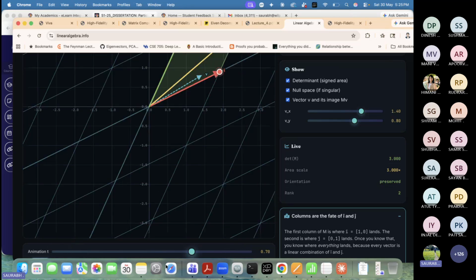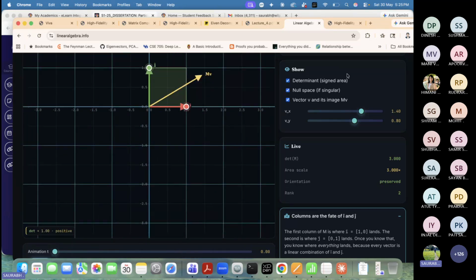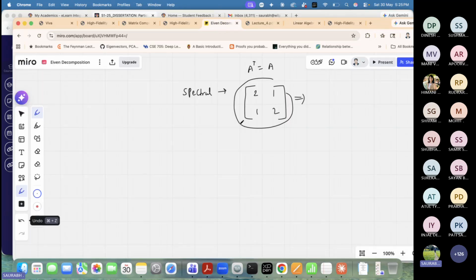But when I said these types of matrices have superpowers, it is because when you have a symmetric matrix, that symmetric matrix A can be decomposed into three different types of transformation that it does in the input space. First transformation is your rotation, which is called Q transpose.